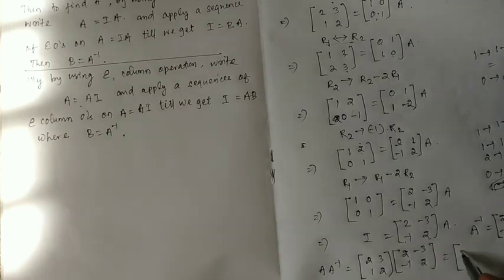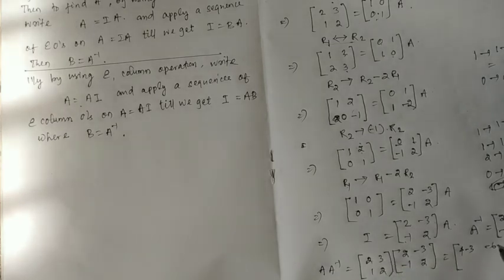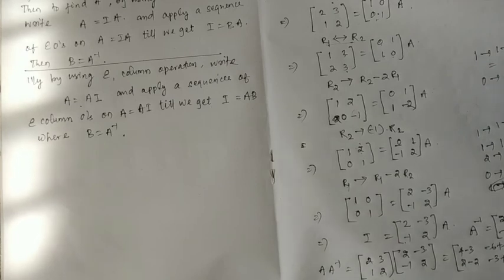Multiplying these two, we get 2 into 2 is 4 plus minus 3 into minus 1 gives 3, then minus 6 plus 6, 1 into 2 minus 2, and 1 into minus 3 plus 2 into 2 is 4 minus 3, so we get the identity 1 0 0 1.